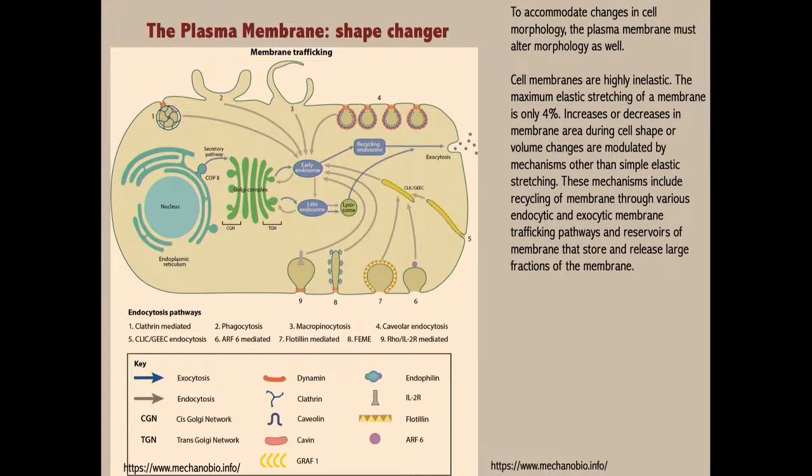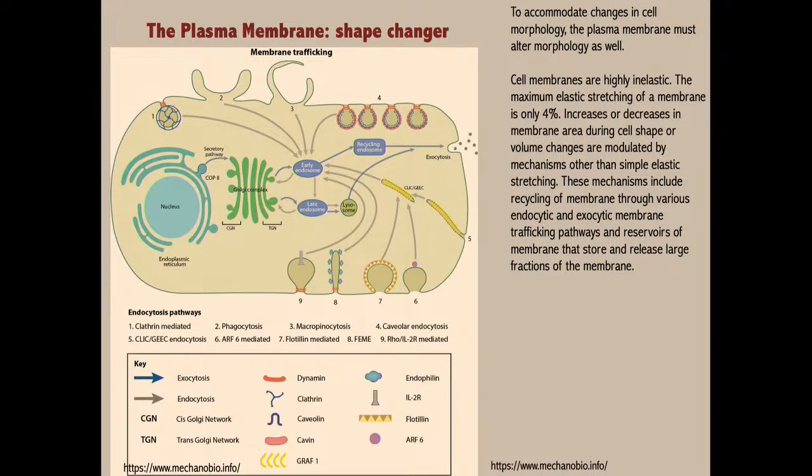Cell membranes are highly inelastic, and the maximum elastic stretching of a membrane is only 4%. And so any increase or decrease in membrane area when a cell changes shape or changes its volume is conventionally thought to be due to mechanisms other than simple elastic stretching.